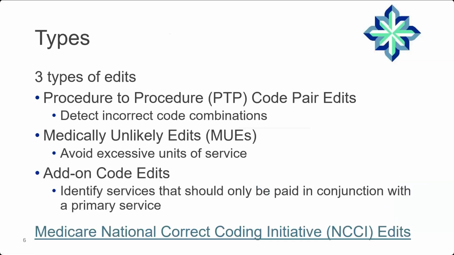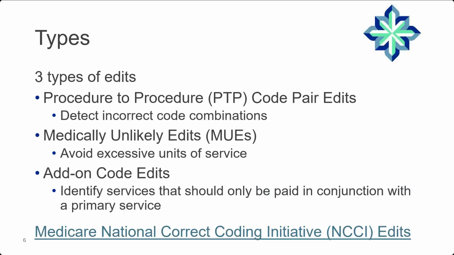Let's talk a little bit about the 3 types of edits that fall under the National Correct Coding Initiative. The first one is what we commonly hear people refer to when they say CCI. This is procedure to procedure, or P2P, code pairs.